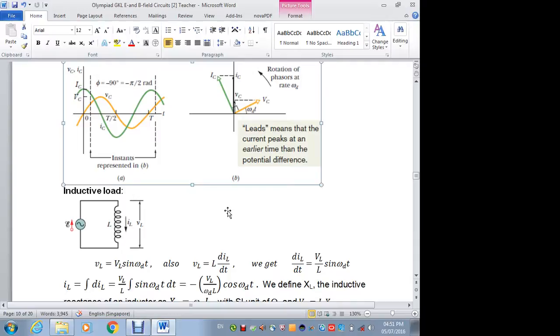So di dt will give you V over L sine omega t.